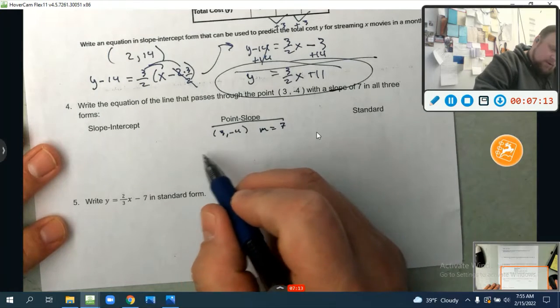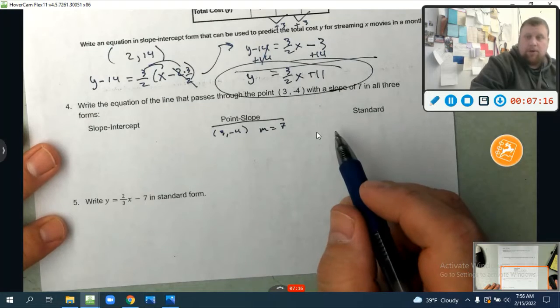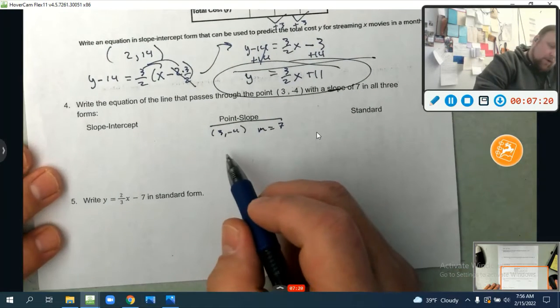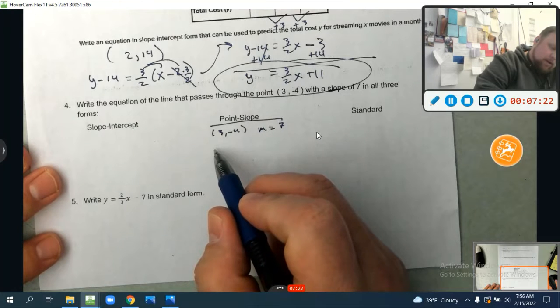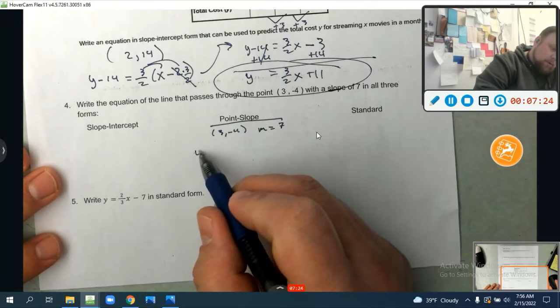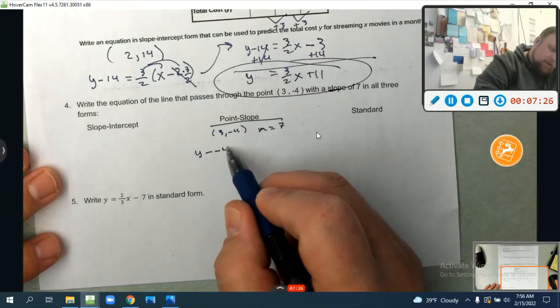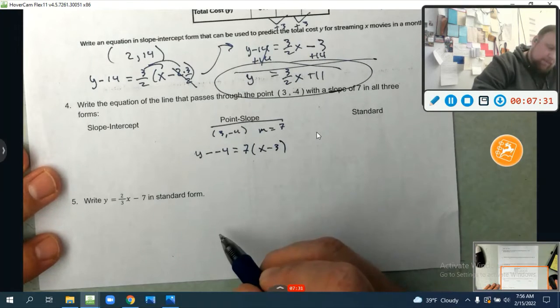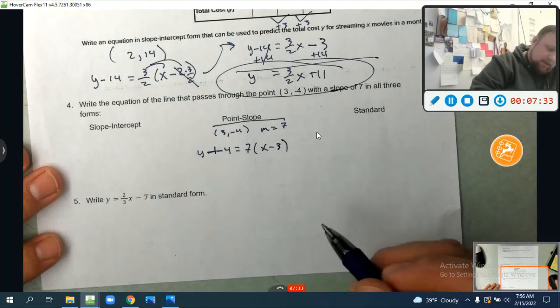In all 3 of these forms, I'm going to show you the order I believe you should go, because one flows to the next, you'll see. First, I'm going to have Y minus my Y value, which is -4, equals my slope of 7 times X minus my X value of 3. That becomes a plus, and I'm done.